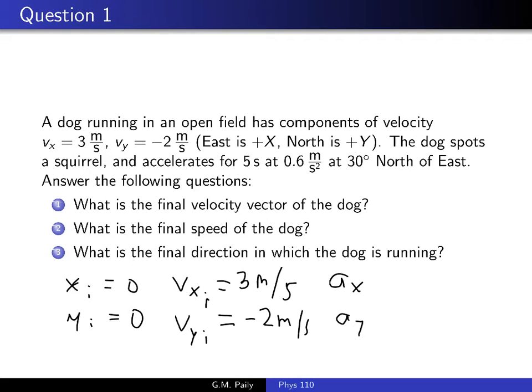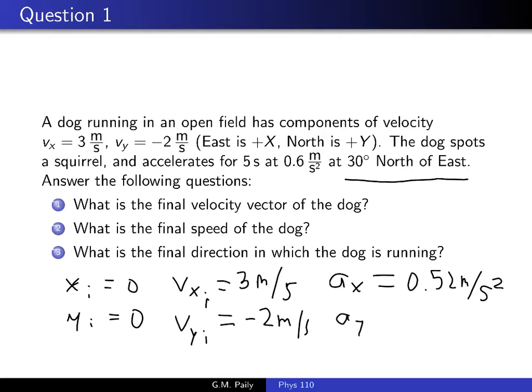Since the acceleration makes an angle of 30 degrees with the x-axis, remember it is listed as 30 degrees north of east, so that is 30 degrees above the east line, that is 30 degrees above the x-axis, we can find the x component by doing 0.6 meters per second squared times cosine of 30, which gives us ax is equal to 0.52 meters per second squared.